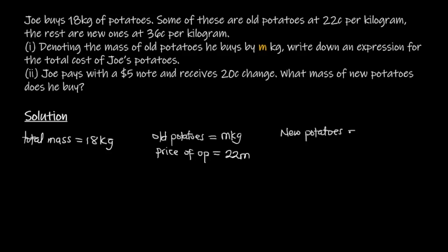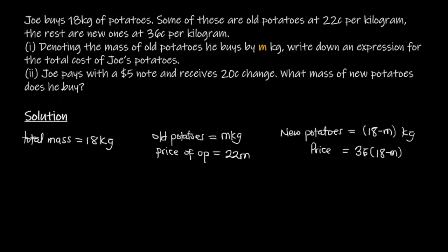Since the total mass of potatoes he bought is equal to 18 kilograms, and the old ones are m, if we subtract m from 18, we get the mass of the new potatoes in kilograms. And so the price of the new potatoes will be equal to 36 cents multiplied by 18 minus m.